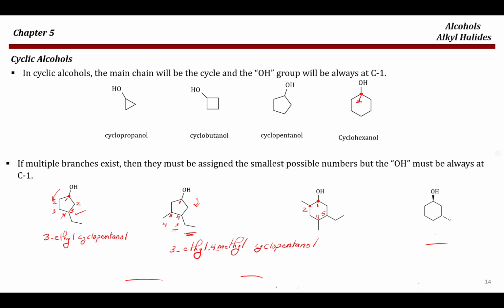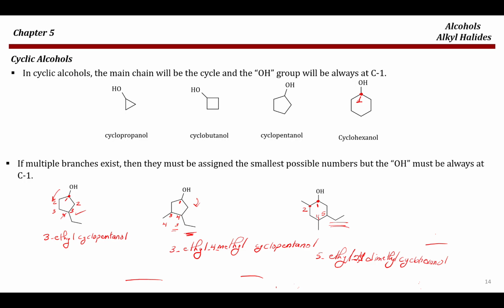That's why this is going to be the correct combination, and the name of this compound will be cyclohexanol, and the branches are ethyl and two methyls, so we have dimethyl here, and then we have ethyl here. 2 and 4 are for dimethyl, and ethyl is at position 5. So this is 5-ethyl-2,4-dimethylcyclohexanol.